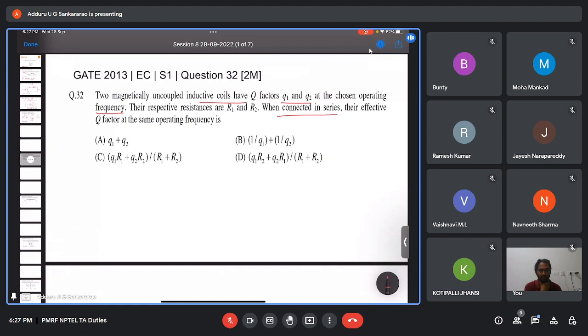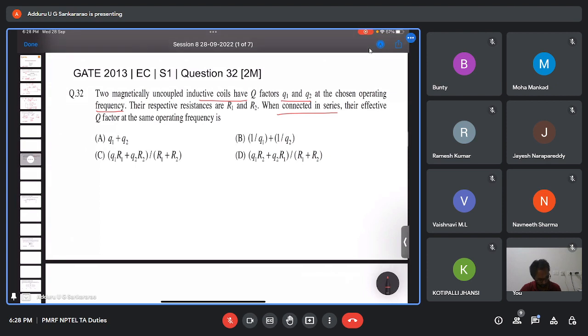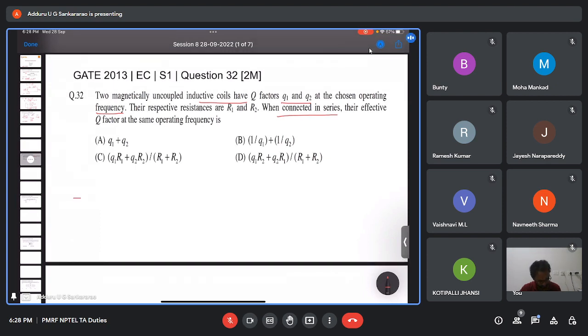So here two coils are given. A practical coil will have some inductance and some series resistance. This is a coil, inductance let us say L1, and some series resistance R1.